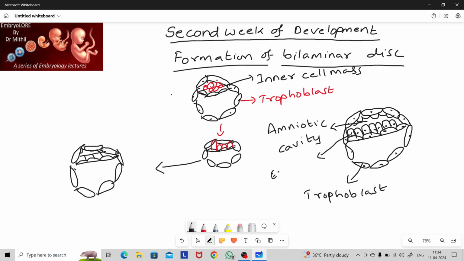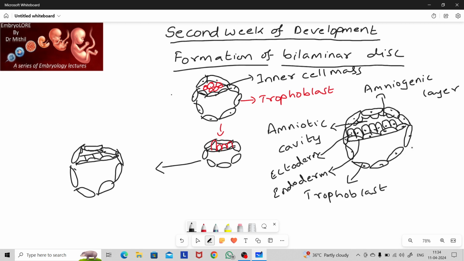The upper one is the ectoderm, and the lower one, that is the endoderm, which is why we are naming it as the bilaminar germ disc. And here this layer, that is the amniogenic layer, the layer of the amniogenic cells.